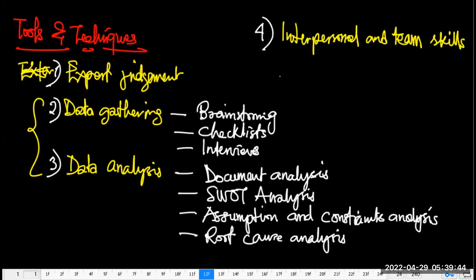There is also the prompt lists. These are some of the tools. All I'm indicating here is according to the PMBOK book.